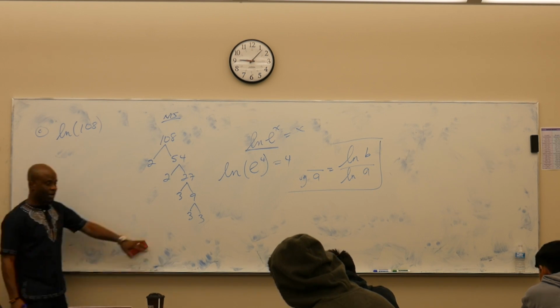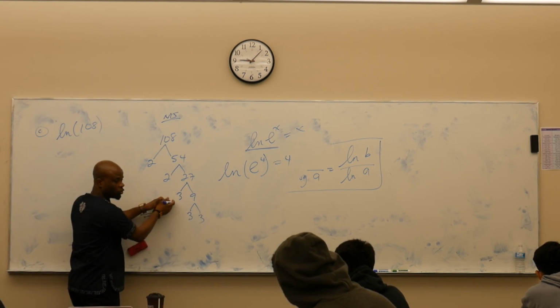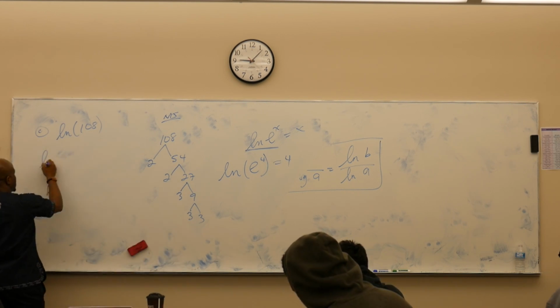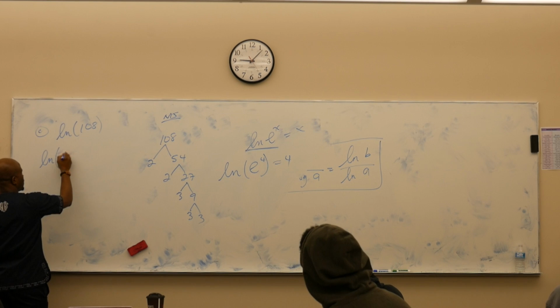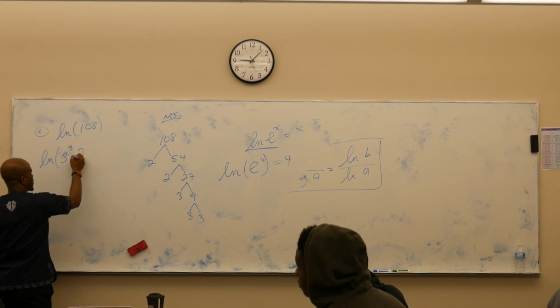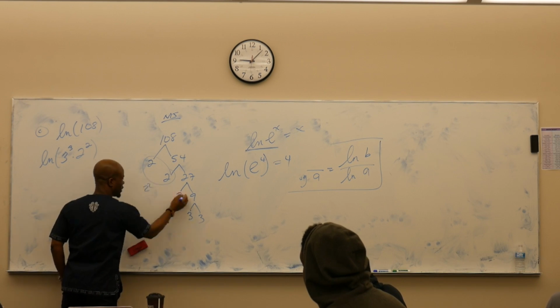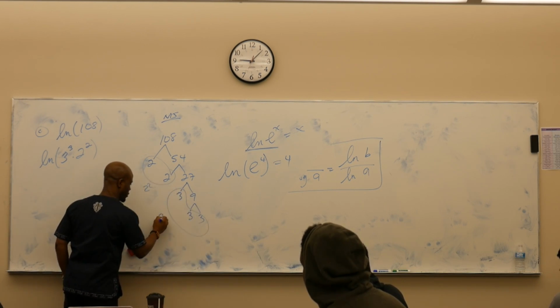So this thing prime factorizes into 3 cubed and 2 squared, right? Okay, so the natural log of 3 cubed and 2 squared.